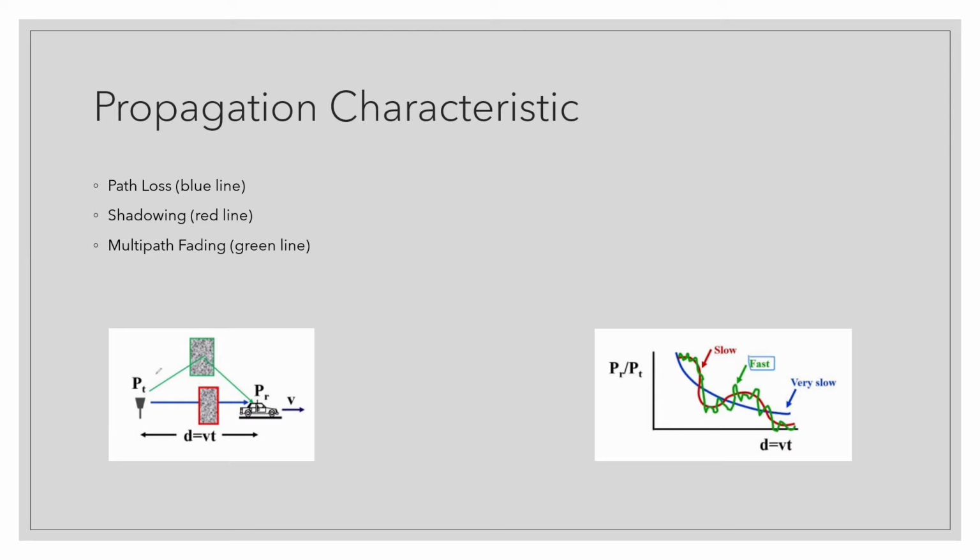fading caused by multipath. As you can see from this figure, the Tx power is Pt and the Rx power is Pr. The strength of the signal is what identifies it. It is constant for transmitter power, but not for the receive power.